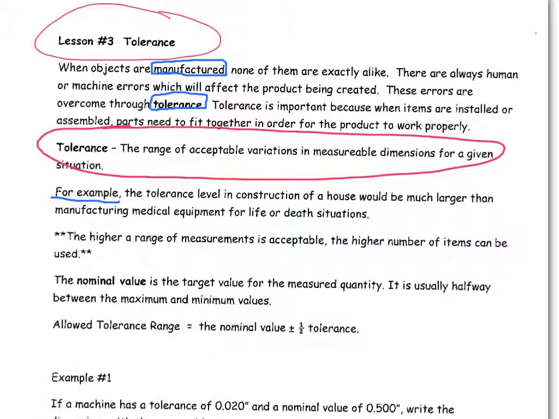All right? So it's important to note that the higher a range of measurements that's acceptable, the higher number of items that can be used. Okay, so if we have more tolerance, we can accept more things. So for example, at a school, we accept everyone.